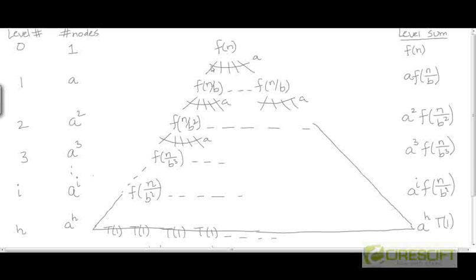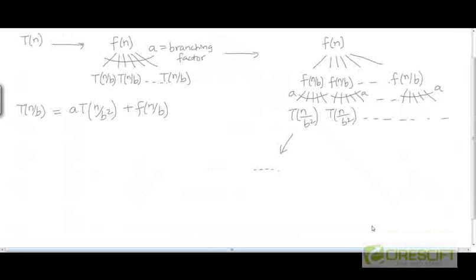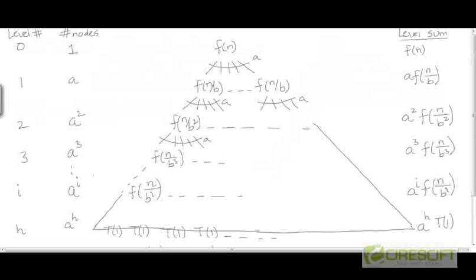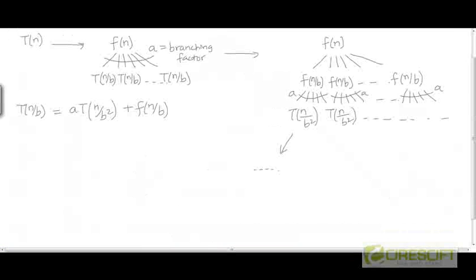If you notice, as we create an additional level when expanding our recursion tree into this final form, when we created level i, our subproblem size was down to n by b to the power i. So when we created level 1, we had subproblems of size n by b at level 1.